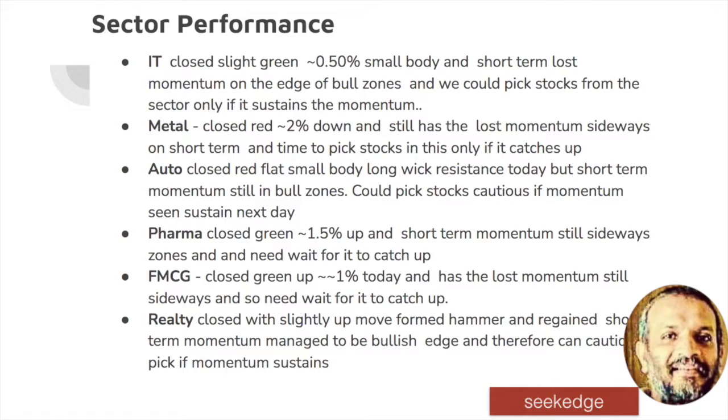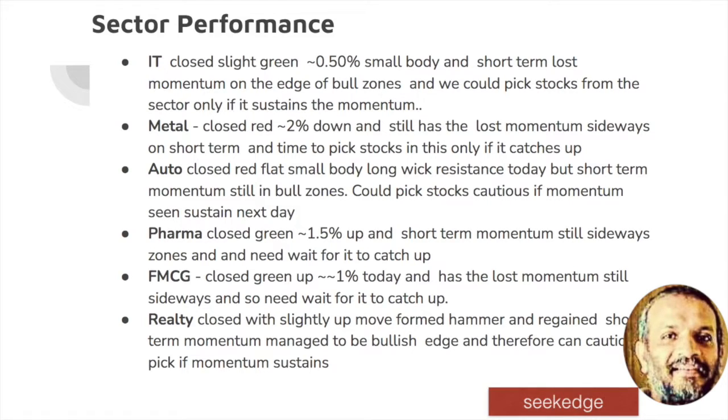Auto closed red today, and the momentum is still in the bullish zones, but today it was a flat small body, with resistance seen on the charts of auto. So if you can think about picking stocks where momentum sustains, IT and auto can be on the watch list, cautiously bullish you can say.